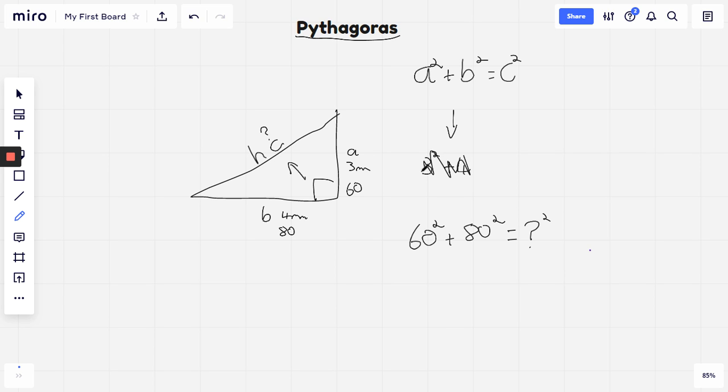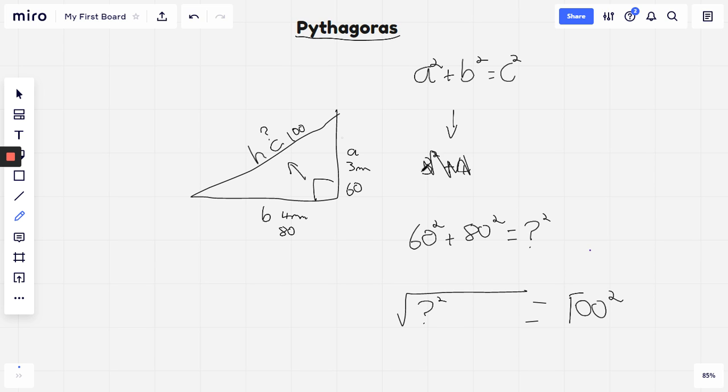So if we go 60 squared plus 80 squared, we're going to get, I don't know, question mark squared. What we can do then is take that question mark squared, whatever that answer is, and give the square root, and then we will get 100 squared, of course, because that's how that works. Which means that we know that this here will end up being 100.